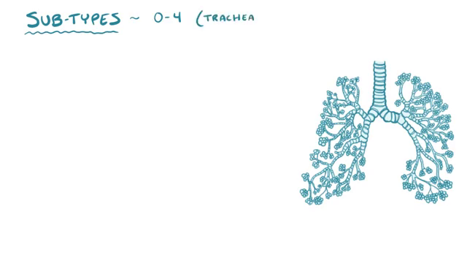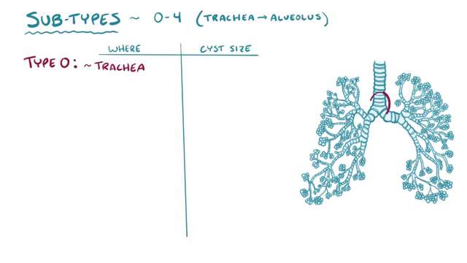CPAMs can arise from different spots along the tracheobronchial tree, and that's how they're subtyped. The 5 subtypes are named 0 through 4, with type 0 coming from the most proximal airways, the trachea and the proximal bronchioles, and type 4 developing all the way down in the alveolus. Type 0 CPAMs develop at the trachea or proximal bronchus with small cysts, but are pretty rare.